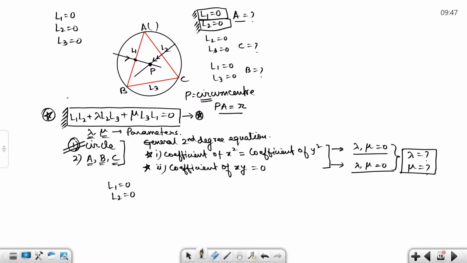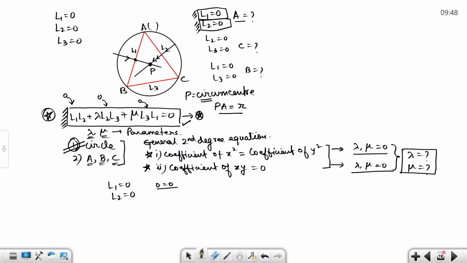So this first part will become 0, this second part will become 0, and at the same time, this part will also become 0. It means your left hand side and right hand side are both equal to 0. It means that point A satisfies this equation of the circle, so the circle is definitely passing through the point A. Am I correct or not?